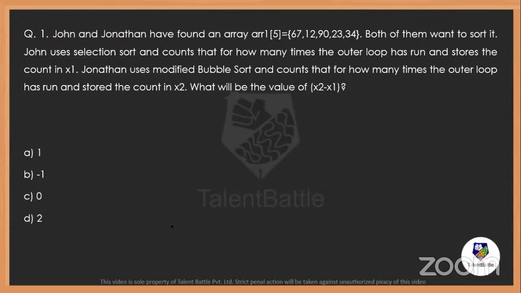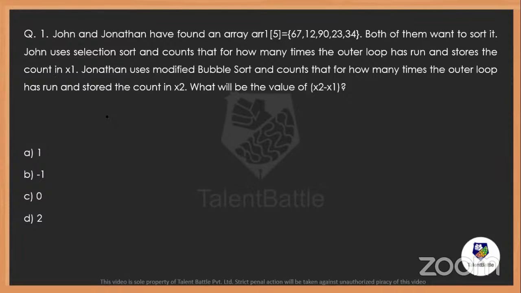So the question is, John and Jonathan have found an array ARR1 whose size is 5 and elements given are 67, 12, 90, 23 and 34. Both of them want to sort it. John uses selection sort and counts how many times the outer loop has run and stores the count in x1.